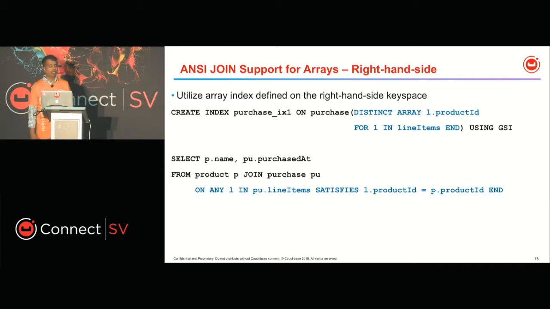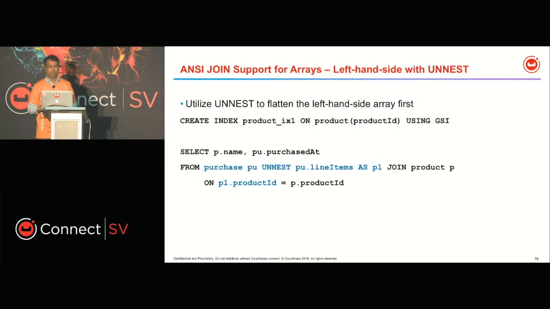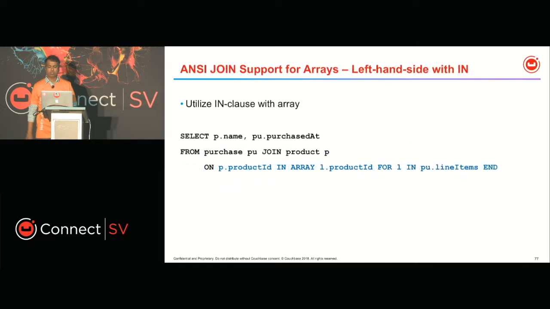So here, in the ON clause, we have an expression that joins P with PU: ANY L in PU.lineitem satisfies L.product_id equals P.product_id. That means we have not only implemented left outer join for simple scalar values, we've extended it for arrays and arrays of objects as well. You can give any kind of expression that we saw previously here. So that's the power of ANSI join. Let me skip over these things.